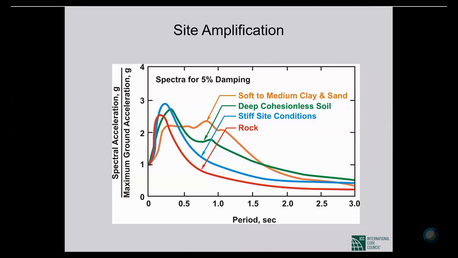In a certain period range, the soft soil can amplify the rock motion very, very substantially. Okay? So I hope this is clear. This is a famous figure that was put together by Professor Harry Seed a long time ago.